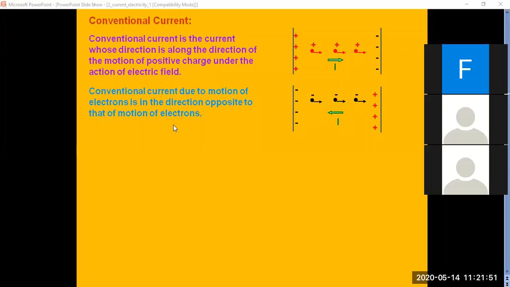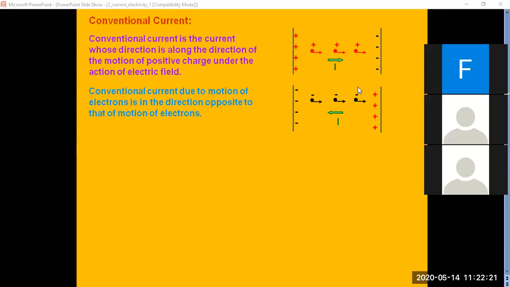If we are considering the movement of positive charge, then charge movement and current direction remain the same. Second case, if you are considering the direction of your electrons and the direction of current, then they will be opposite.